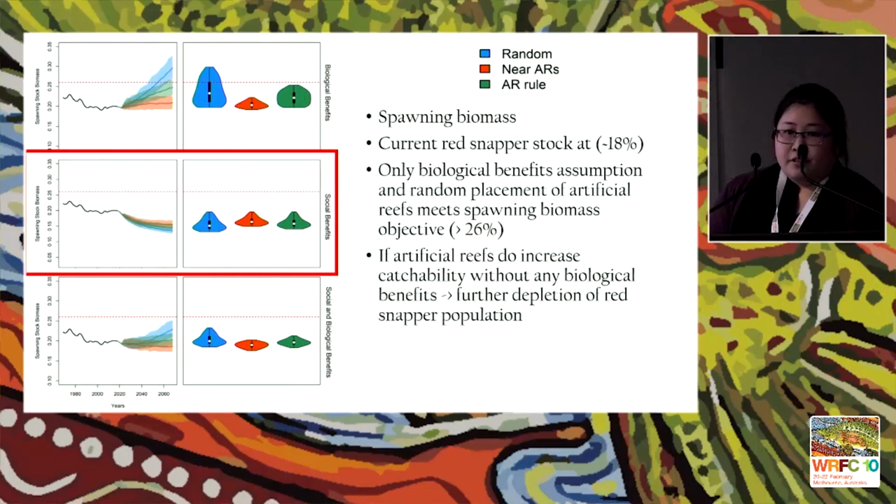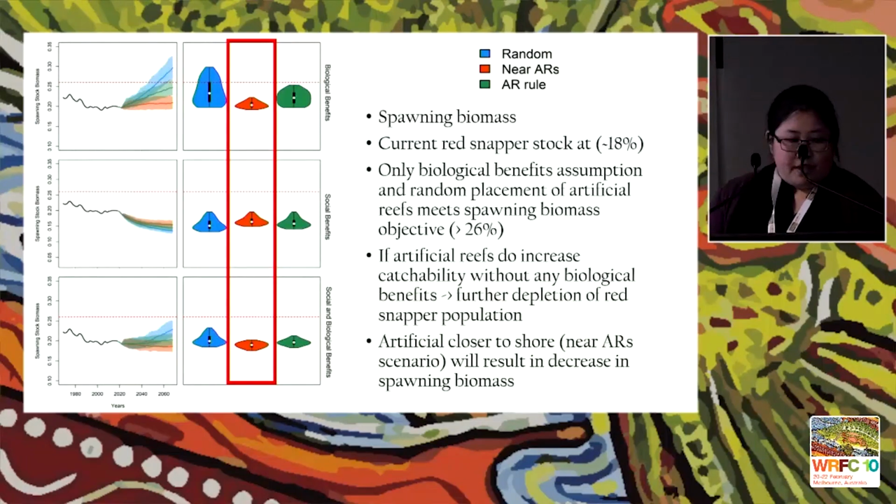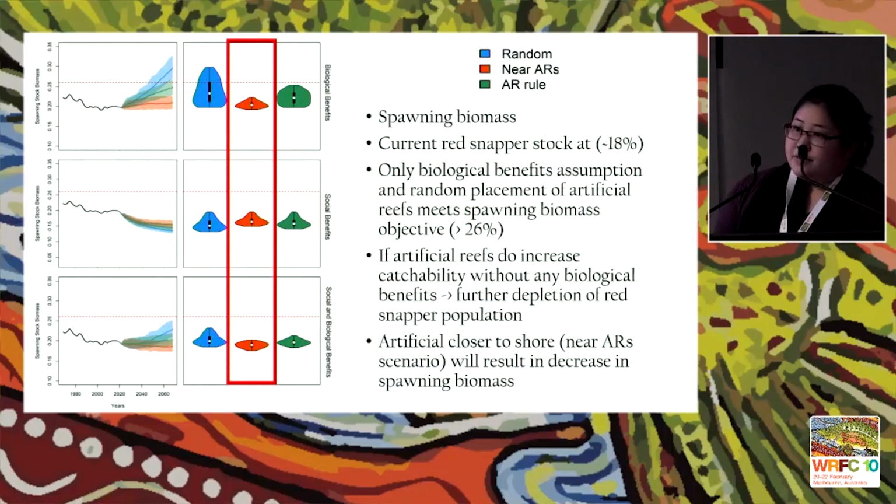If our fisheries do increase catchability without decreasing natural mortality, then in all scenarios it leads to further depletion of the red snapper population. And fisheries placed closer to shore actually result in decreased spawning biomass, which is not a surprise.